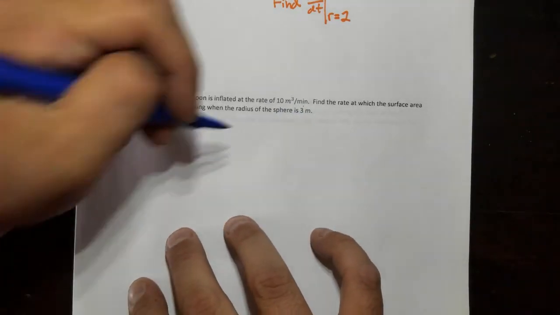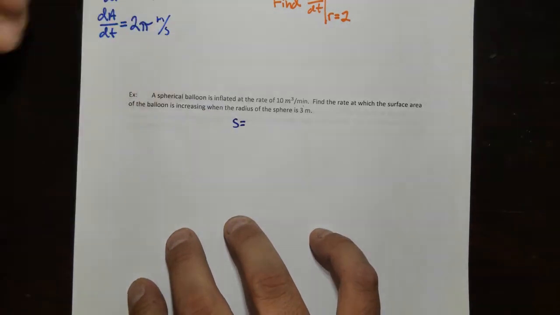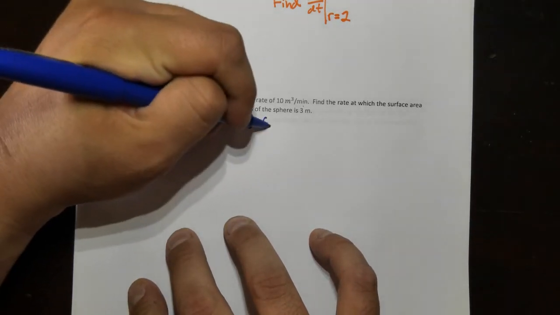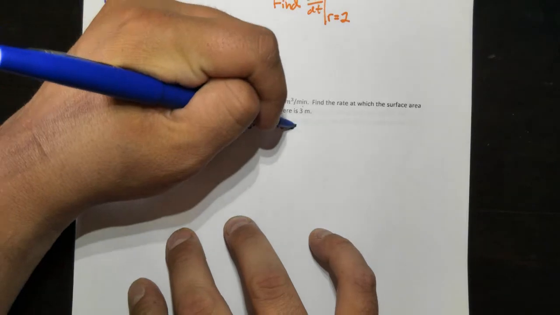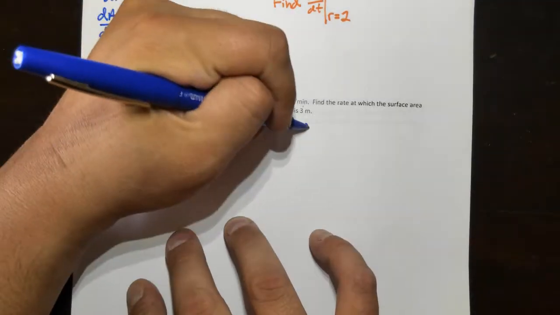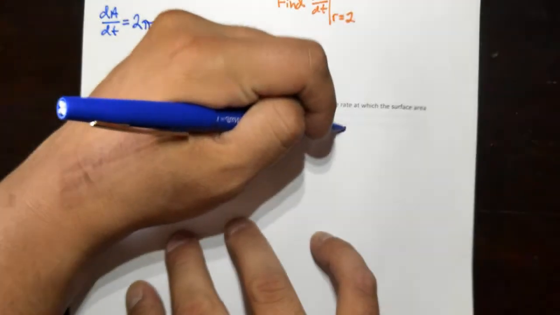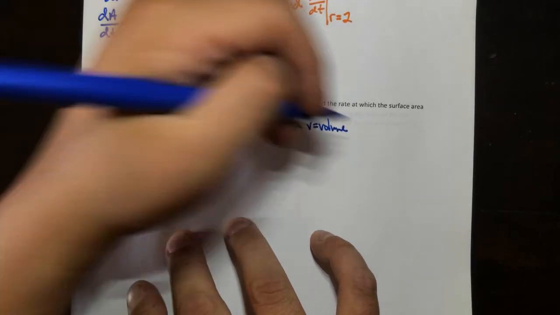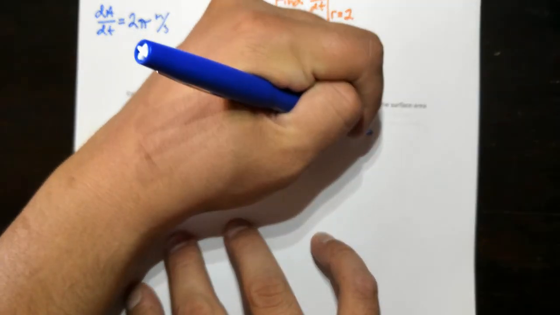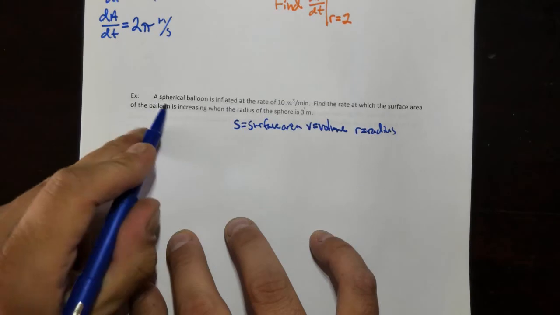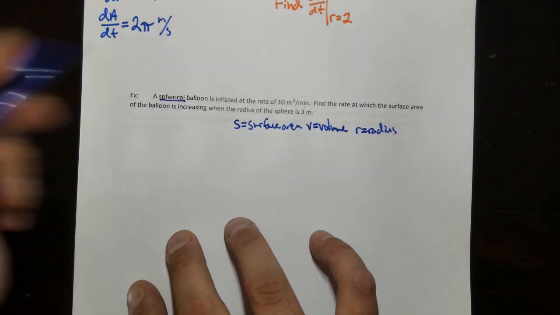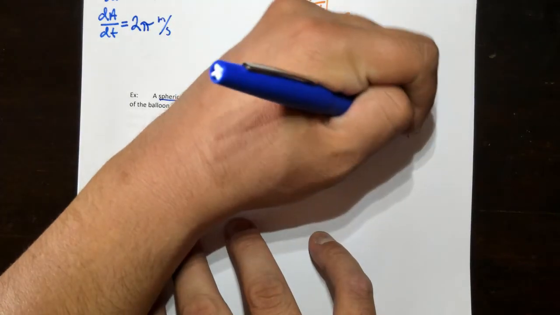So let's start with S as our surface area, V as our volume, R as our radius because we are dealing with a sphere, and T is time. Of course we need time.